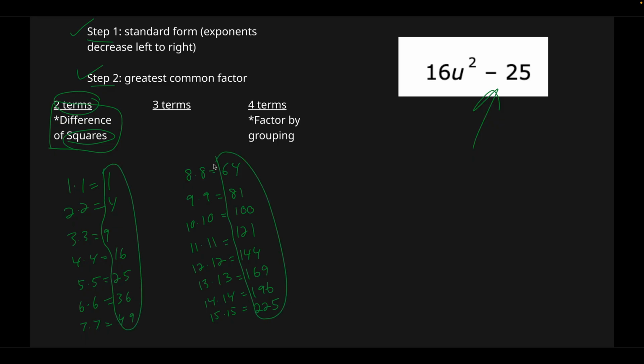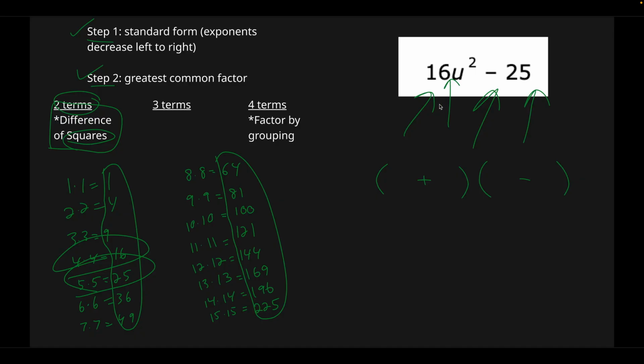So when I look at this problem, we said it's called difference of squares. We have subtraction. We have a perfect square here, 16, right? That's on the list. And we have a perfect square in this spot, which is 25. That is also on the list. So when you have a difference of two perfect squares like this, and u squared is obviously u times u, when you split this, it will always, always, always split into a plus and minus version.